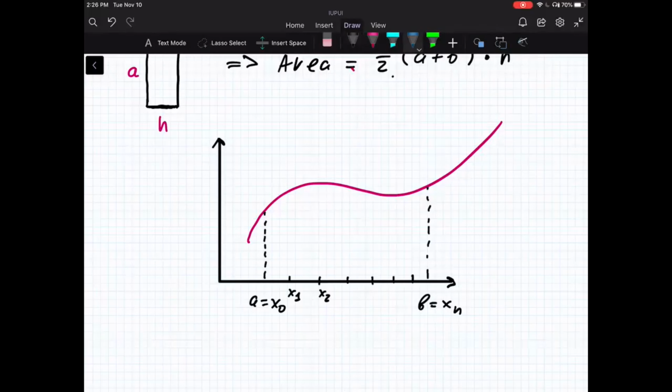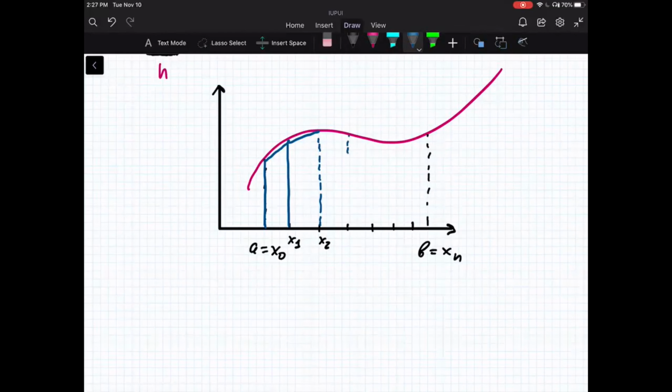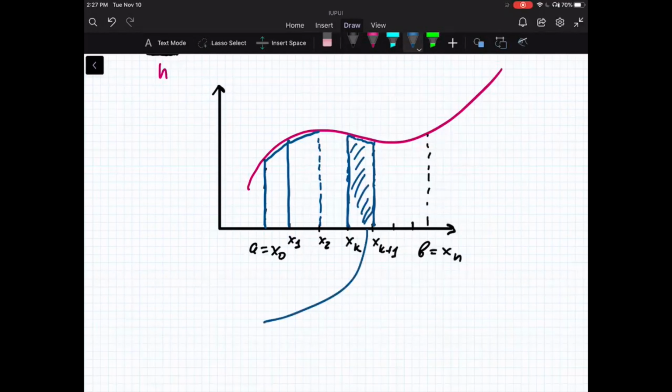Then, as we discussed, we consider the corresponding trapezoids. And let's calculate the area of the kth trapezoid. So I have here xk, and this is my xk plus 1. And let's calculate this area.